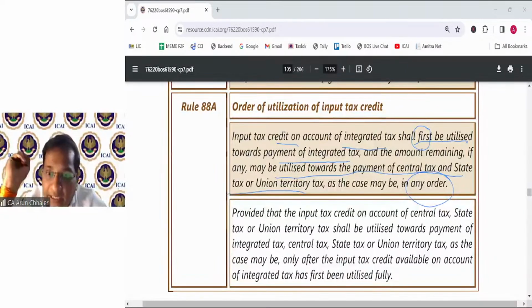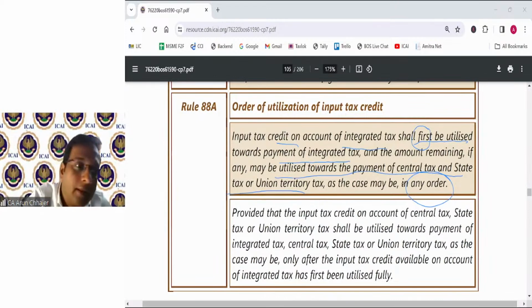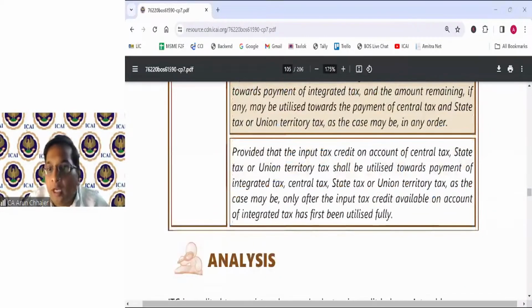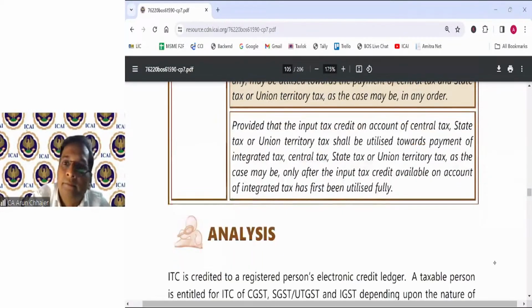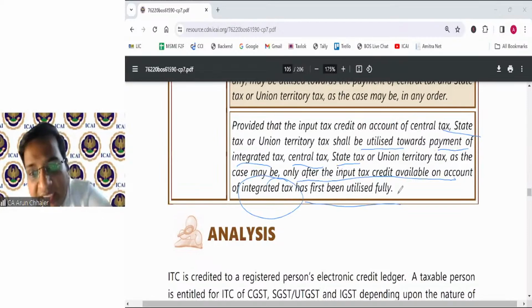कि 10% इसको 90% इसको दे सकता है. कैसे आया ये वर्ड? ये वर्ड आया सर्कुलर 98 से. Provided that input tax on account of the CGST and SGST shall be utilized toward the payment of IGST, toward the payment of CGST, toward the payment of SGST, as the case may be, only after the ITC on account of integrated tax has been utilized fully.